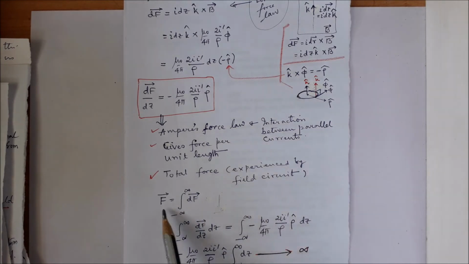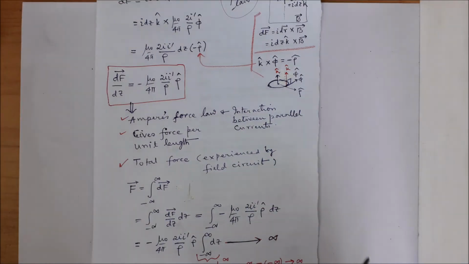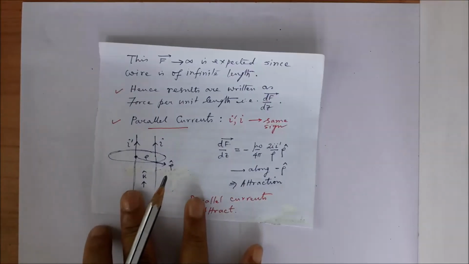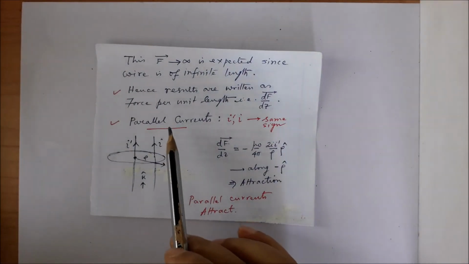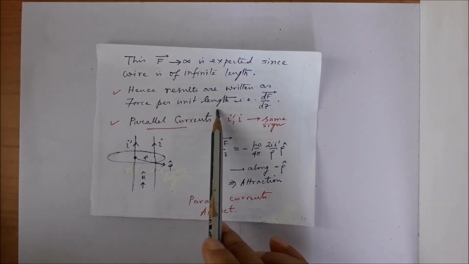A simple integration gives us infinity, because the field circuit was extended from minus infinity to plus infinity, and because of that infinite length, the total force which we got is infinity. Now that is why we express results in terms of force per unit length.